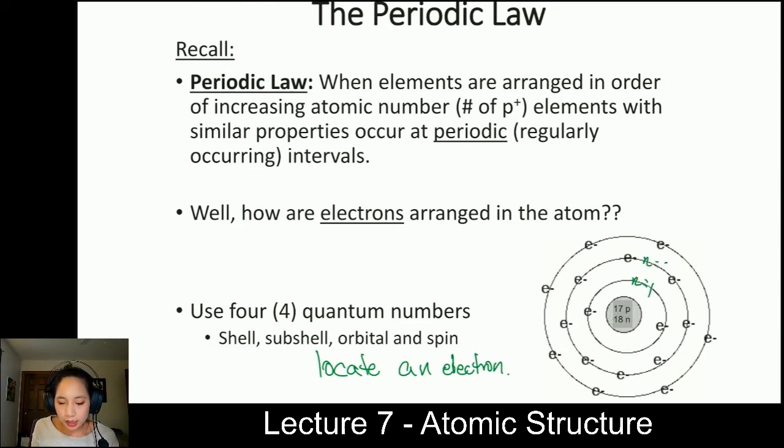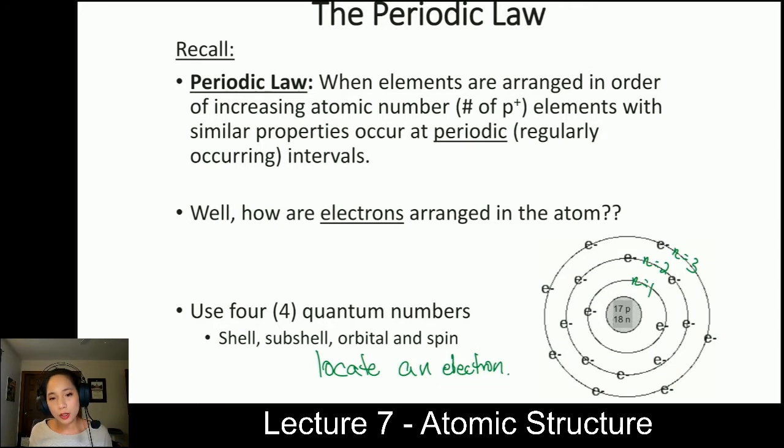The next ring is n equals 2, and then n equals 3. So we're still using the ladder analogy, but we're putting them in circular rings now instead of just a ladder. We will be using four different quantum numbers to locate where an electron is on our ring ladder system.